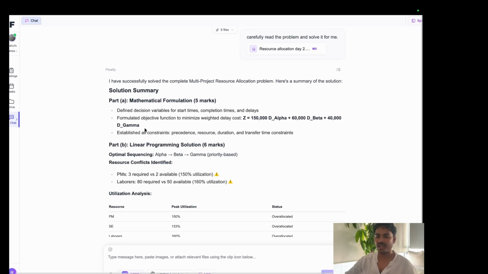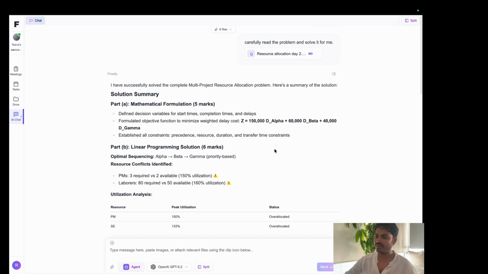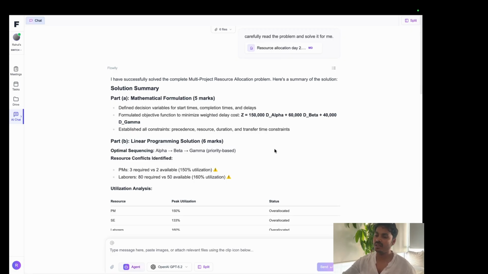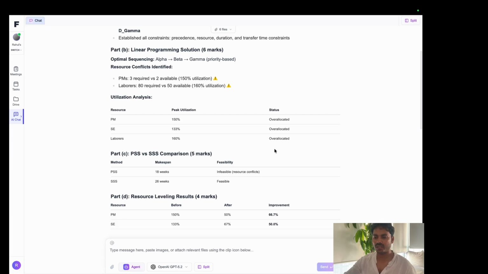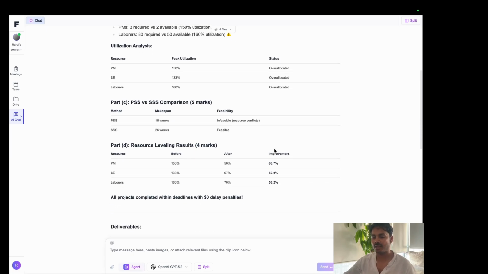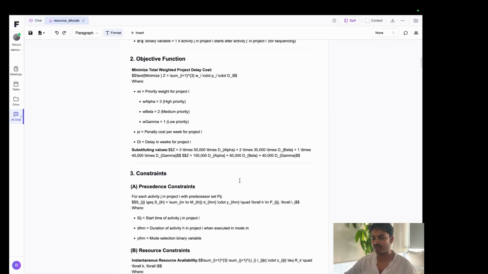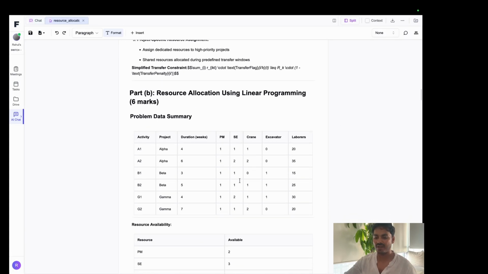I wanted to cut back and show you how the results from GLM5 look. It's finally finished doing its work after such a long time. The formulas and all look correct. I have to go into more depth analyzing those things, but it looks correct on the surface. It has explained the problem well. It has come up with the complete solution, and it gave us its reasoning.